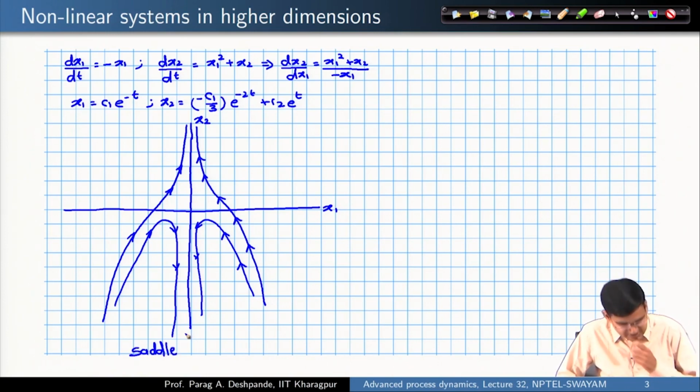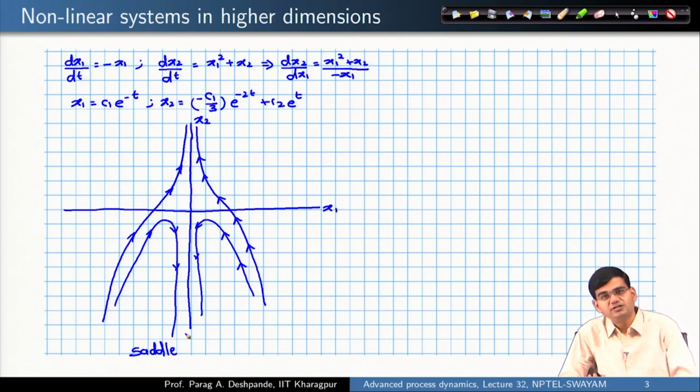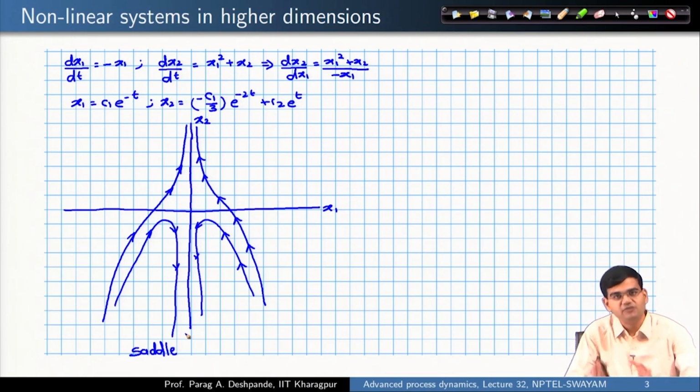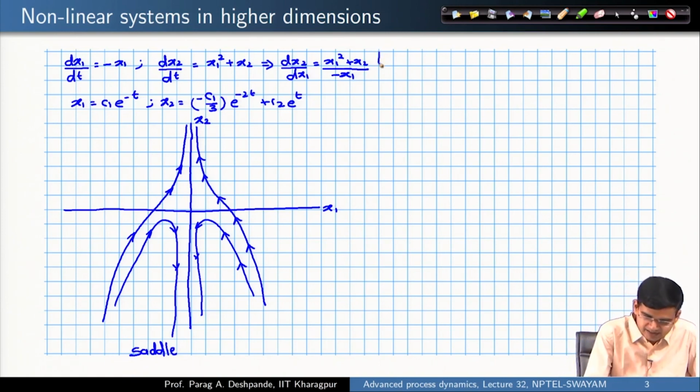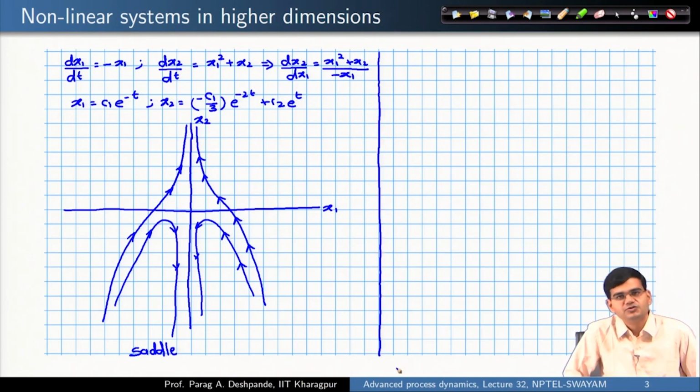Now, this phase portrait was obtained without explicitly solving the nonlinear equation. Let me do one thing: let me linearize this equation. I know that (0, 0) is an equilibrium solution to this system of equations.